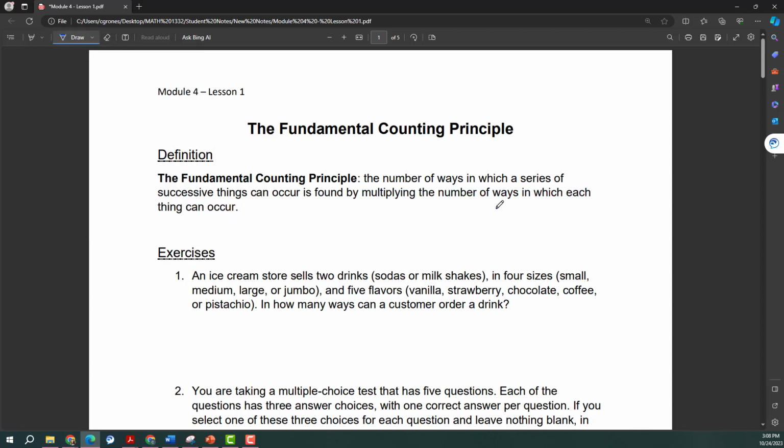So let me write that off to the side. Number of possible outcomes in a given situation. And it says that you can find it by multiplying the number of ways in which each thing can occur.